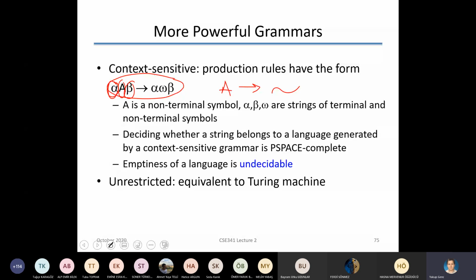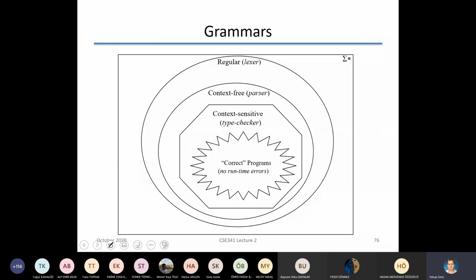And when you look at it from the complexity side, let's say you define a program as a string of characters.